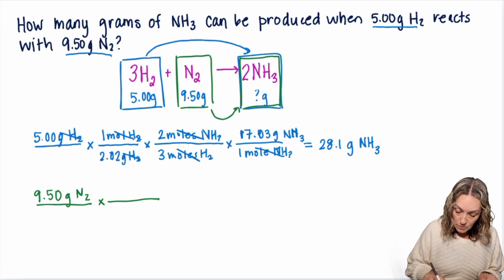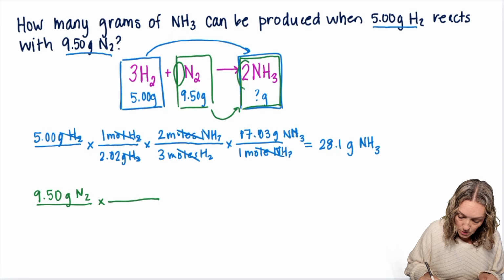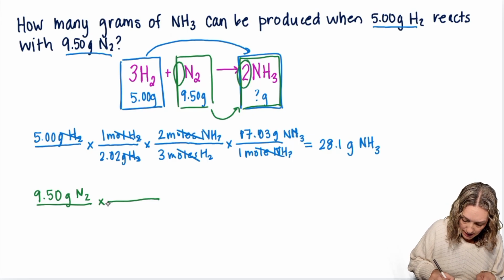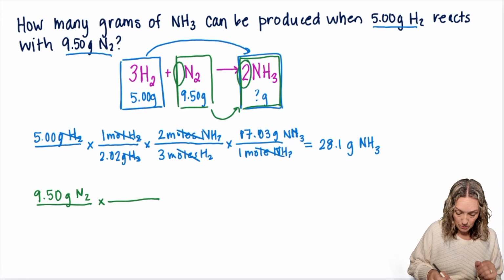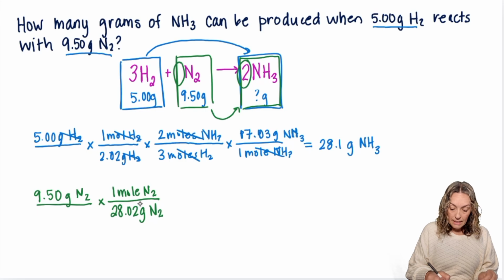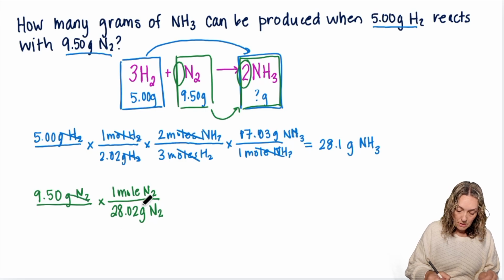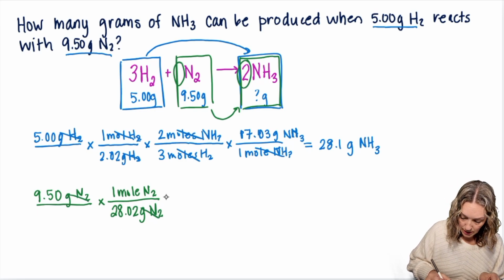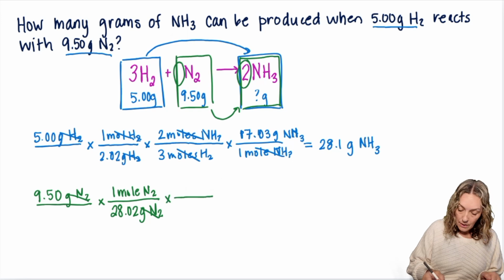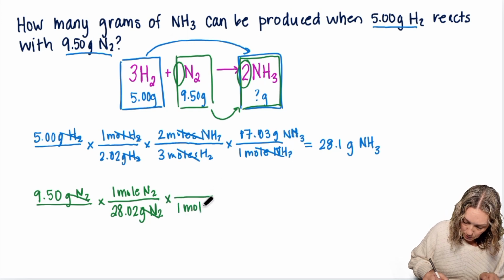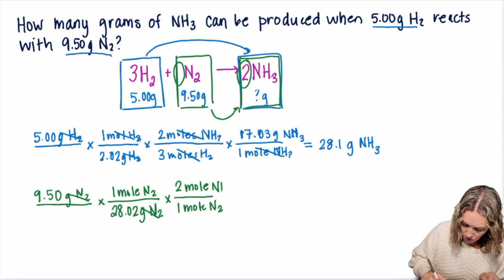So I'd like to use the 1:2 mole ratio, but I first have to convert my grams into moles. I can do this by adding up N2 on the periodic table, and I find that 28.02 grams is equivalent to 1 mole. Now that I'm in moles, I'm ready to use my mole ratio, and for every 1 mole of N2, I will produce 2 moles of NH3.